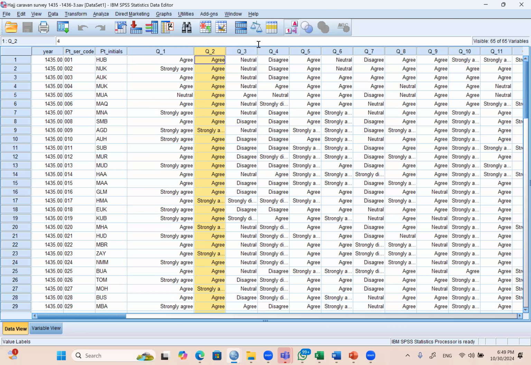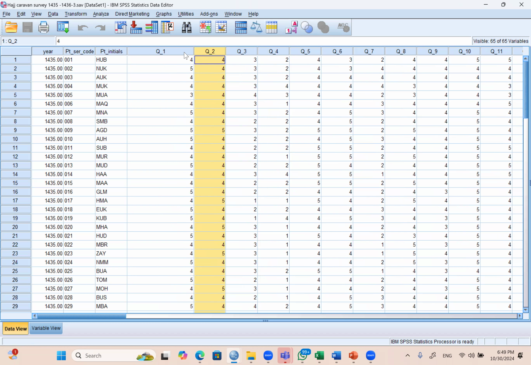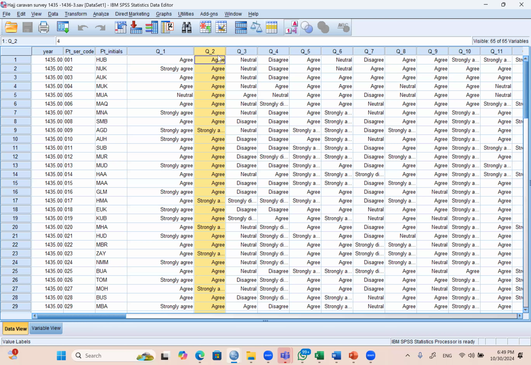Now, as you can see, these numbers mean responses. Like, for example, 4 means agree. 5 means strongly agree. 3 means neutral. 2 means disagree, and 1 means strongly disagree.